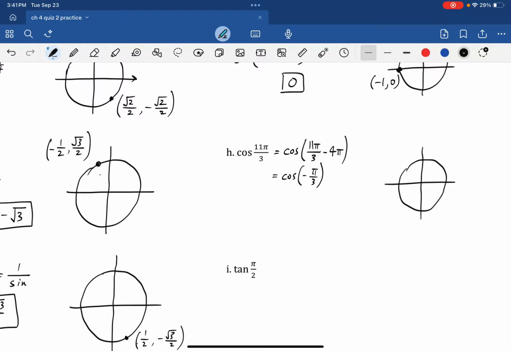Okay, so negative pi over 3 is right here. The coordinates of this point are 1/2, comma, negative root 3 over 2. And so cosine of negative pi over 3 is 1/2.